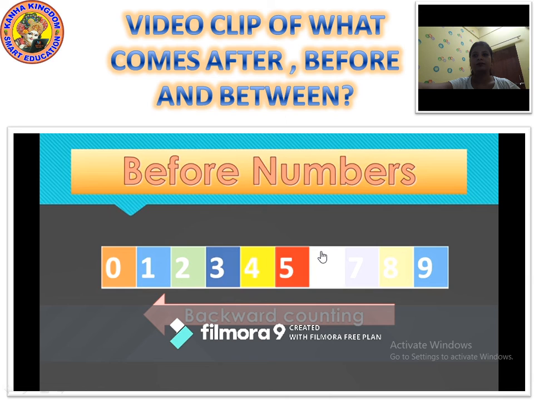Yes, 6. Before 6? Yes, 5. Very good. Before 5? Yes, 4. Before 4? Yes, 3. Like this way, when we count the numbers in backward direction, we get the before numbers.